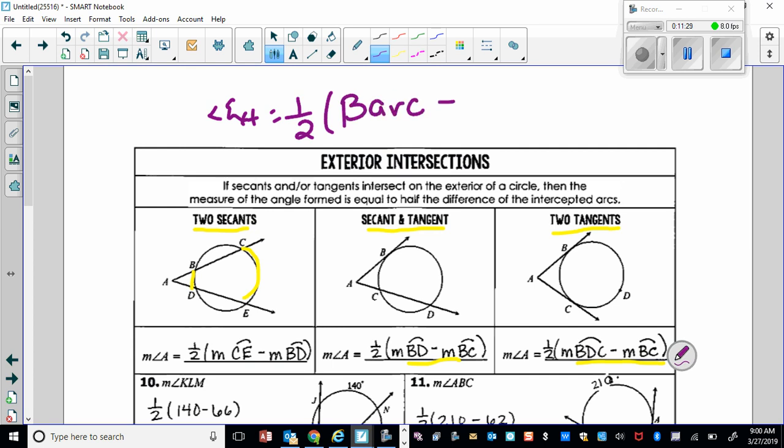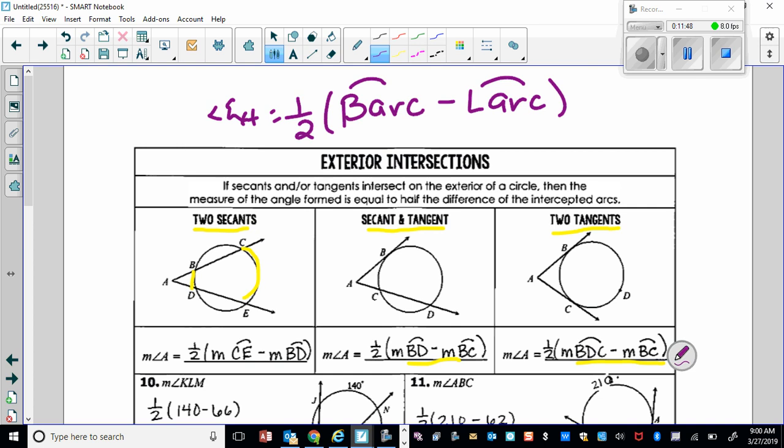Big arc minus little arc. So a memory trick says: bark minus lark divided by 2. If a dog is outside, it would bark at the lark. This is a different method people use to remember which two numbers we're going to be subtracting.